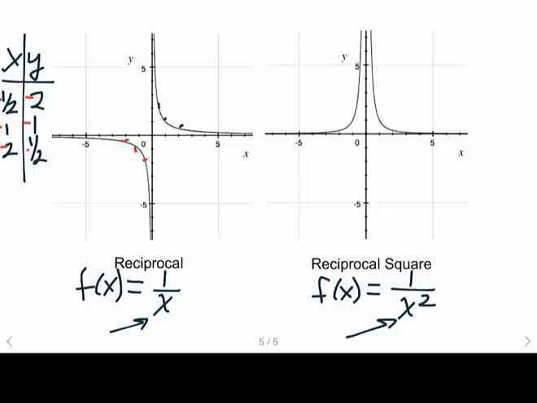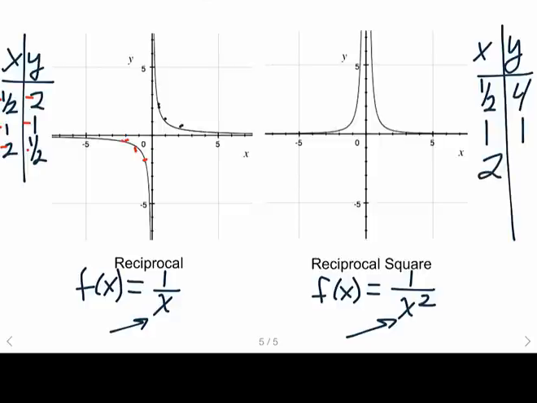As far as reciprocal square, take any input that you're allowed to take, not 0, take its reciprocal and then square the result. So 1/2, the reciprocal is 2, square that, you end up with 4. 1 will go to 1, of course, and then 2, take its reciprocal, I have 1/2, square that, I get 1/4.